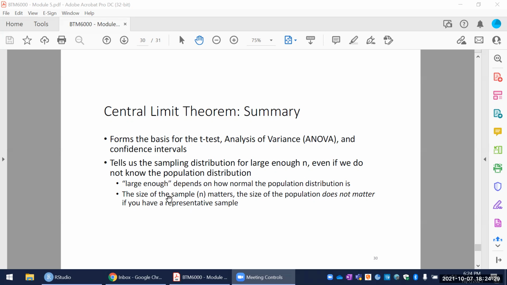And the size of the sample does definitely matter, because the size of the population does not matter if you have a fully representative sample following the normal distribution of a population. So these are kind of the limitations, but essentially 30 is a sample size you will be comfortable with moving forward. And the more normal the distribution of the population is, the safer you can act and conduct your analysis.